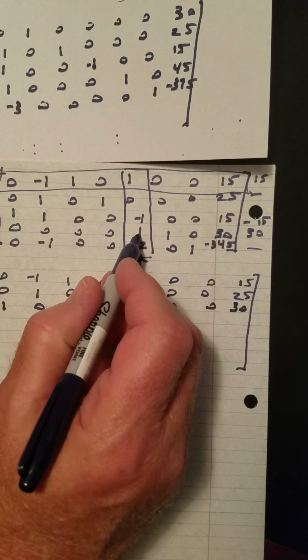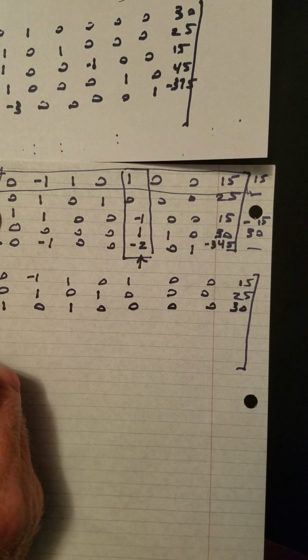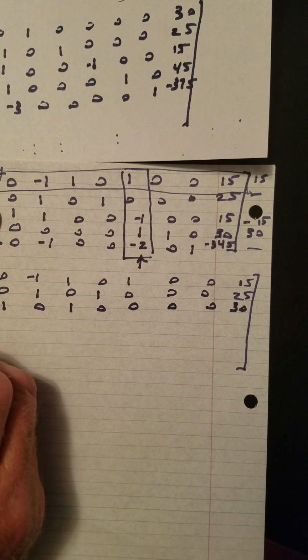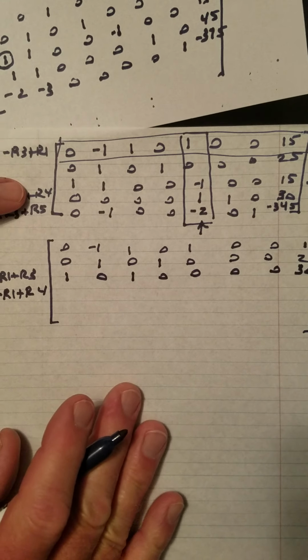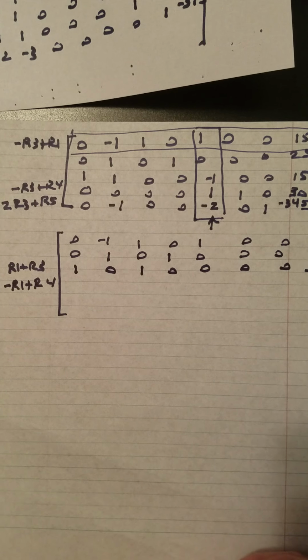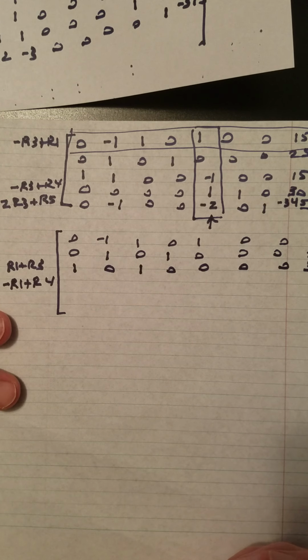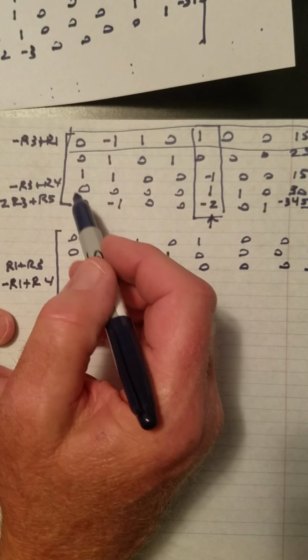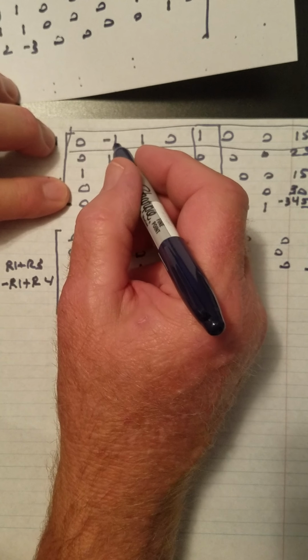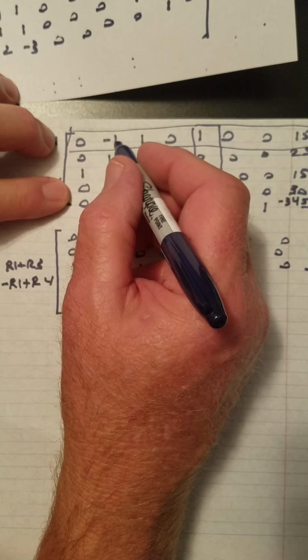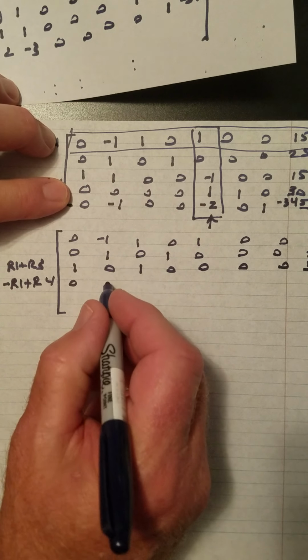Now I want to get a 0 here, so I'm going to have to take negative row 1 plus row 4. Sorry about that. So 0 and 0 is 0. That becomes the opposite of negative 1 is positive 1. 1 plus 0 is 1.